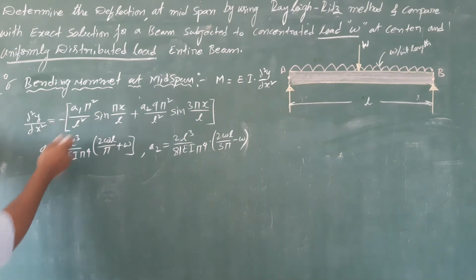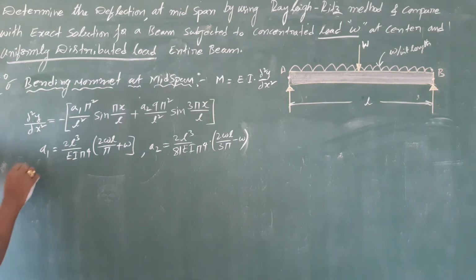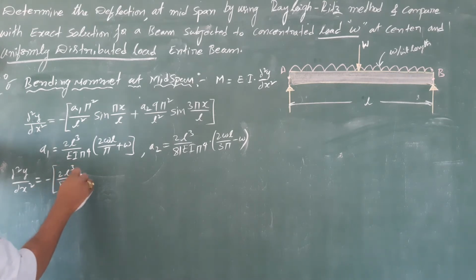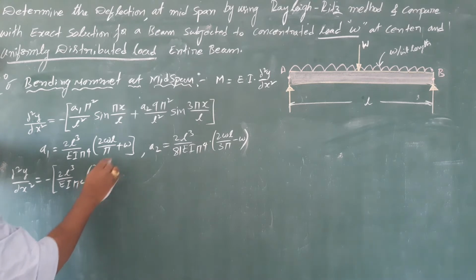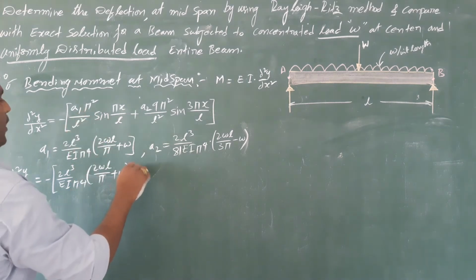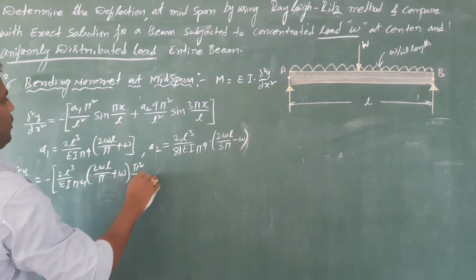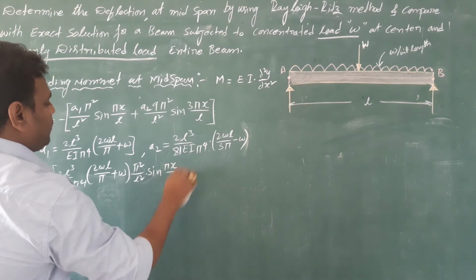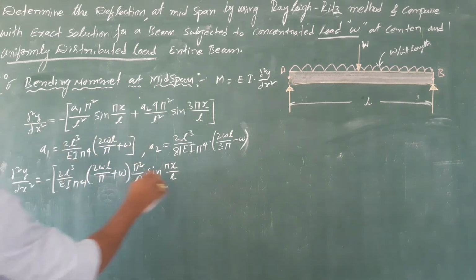Then d square y by d x square is equal to minus of a1, which is 2L cube by EI pi power 4, into 2WL by pi plus capital W into pi square by L square, into sine of pi x by L. Okay, this one completed.